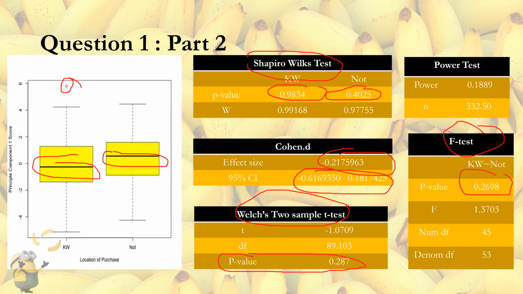And to be able to reject the null hypothesis 80% of the time, we need 332.5 samples in each group, or 333 samples in each group. Going back to the Welch's two-sample t-test, since we have a p-value greater than 0.05, it denotes that there's no significant difference between the principal component 1 scores between KW and not.